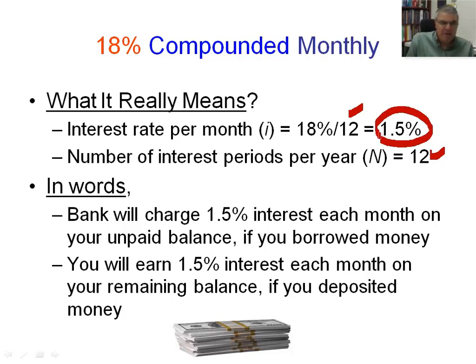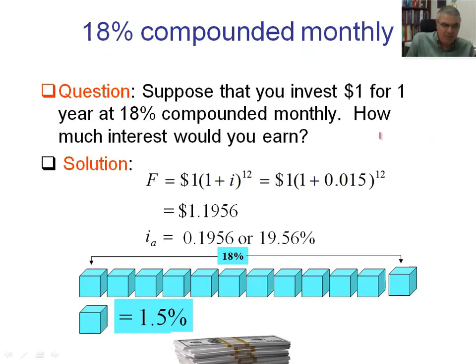I still see that some people have a problem with 1.5%. That is simply 1.5 divided by 100, so you would get 0.015. Again, this is the 1.5% that is calculated monthly.